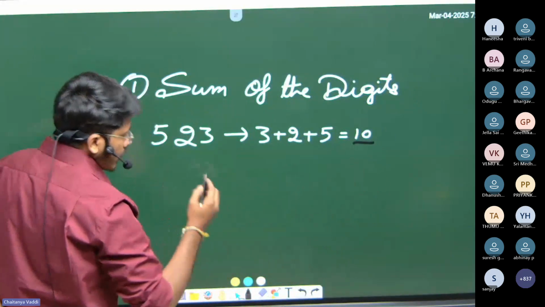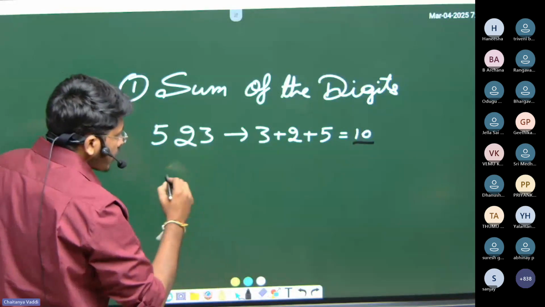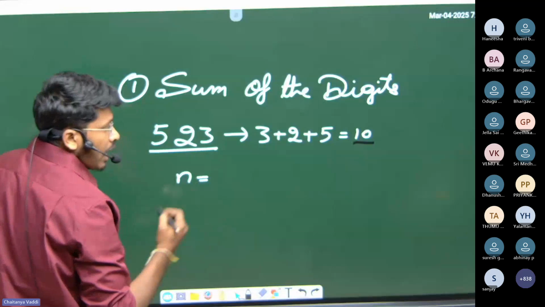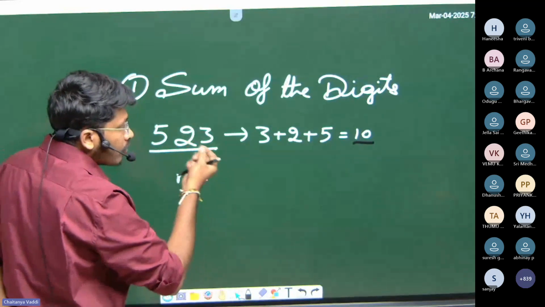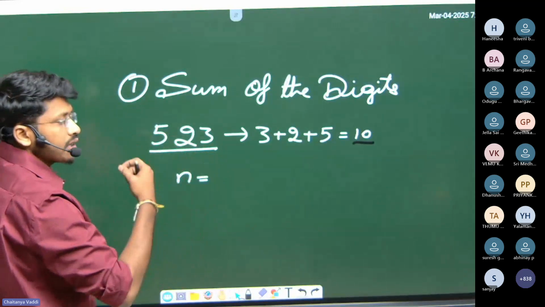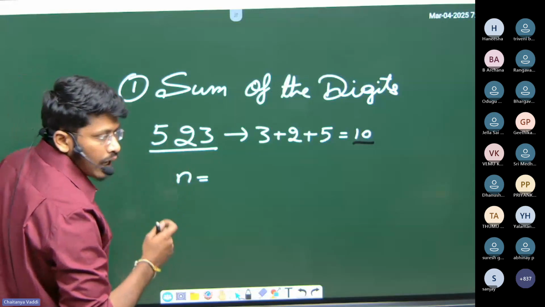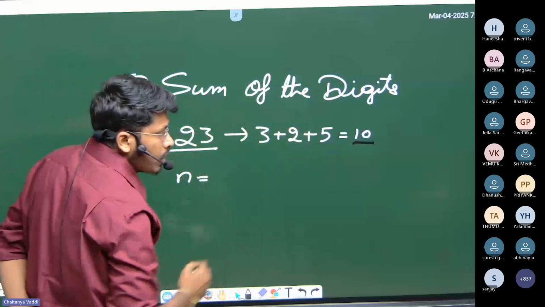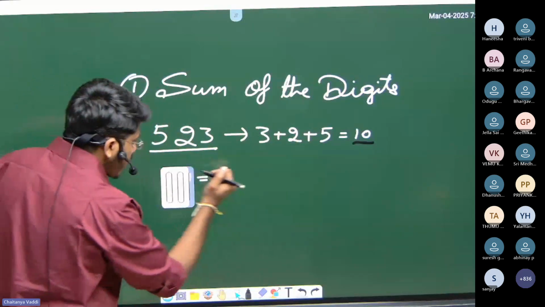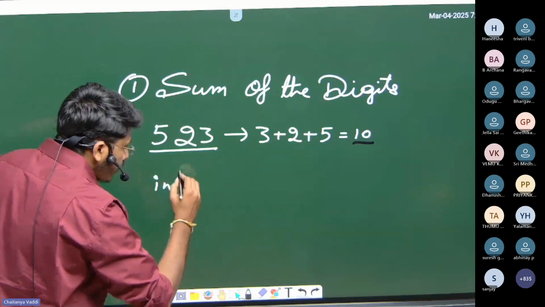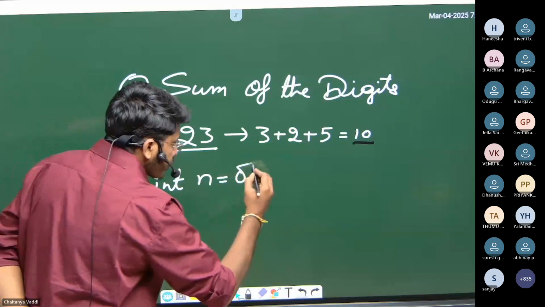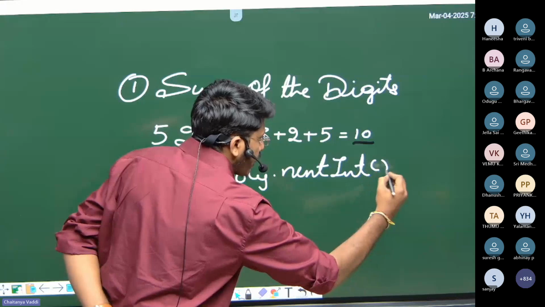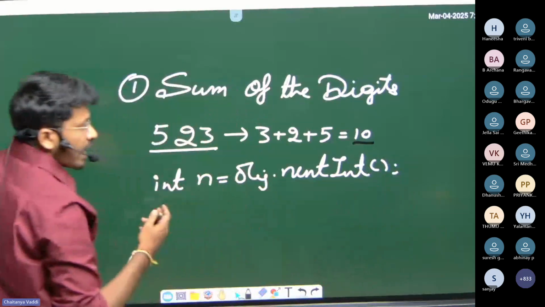So for this we need to take this number in one variable, let us assume n, and then we need to retrieve one digit from this number, and add that digit to one variable, and finally after n becomes 0, we have to print that variable in output, right? So I'm storing the number from the user in integer variable n by using the predefined method nextInt.